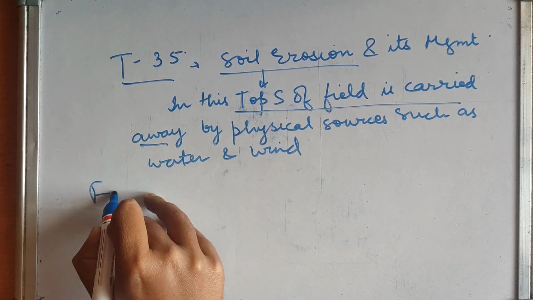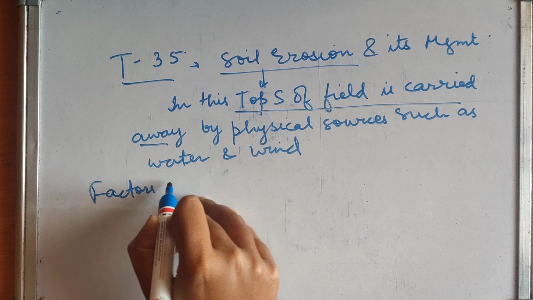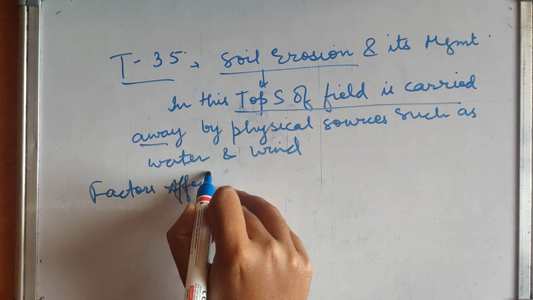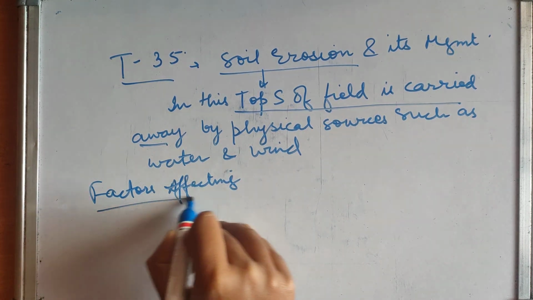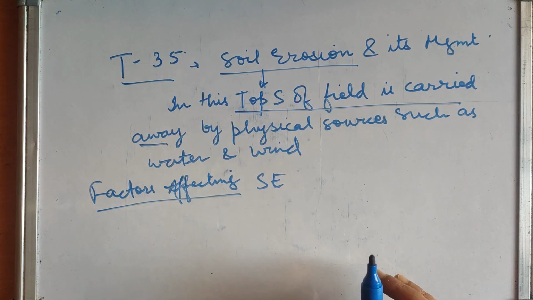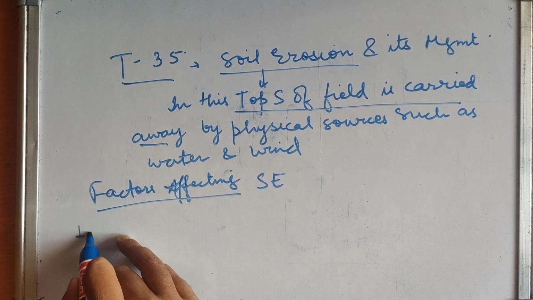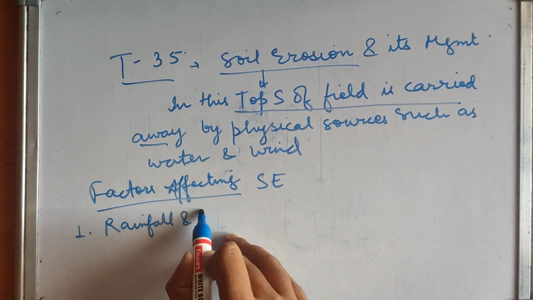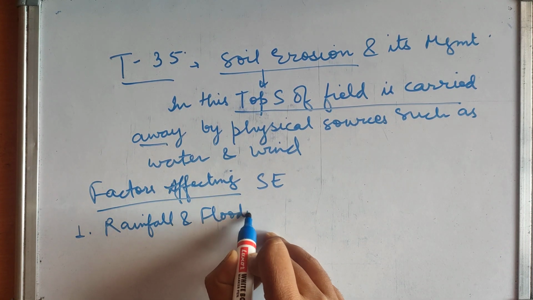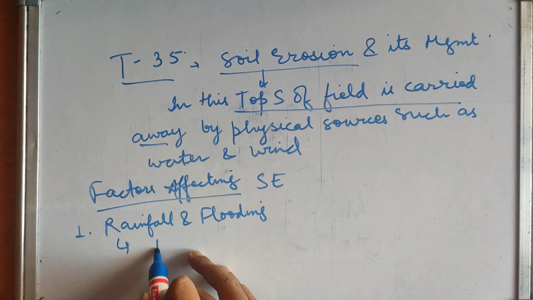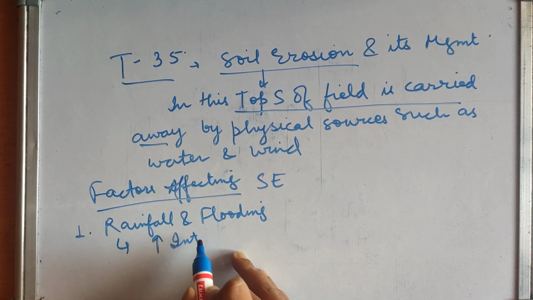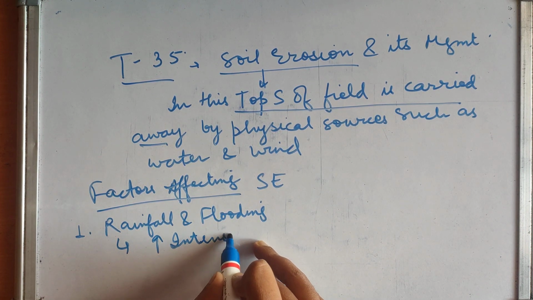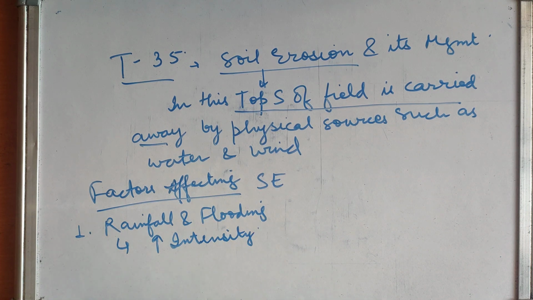What are the factors affecting soil erosion? First of all is rainfall and flooding. Rainfall and flooding at high intensity erode our soil.